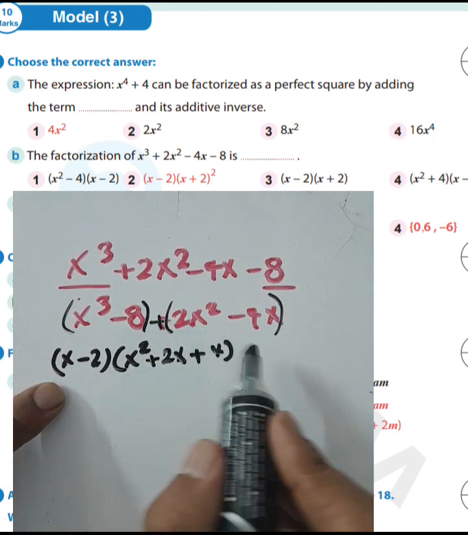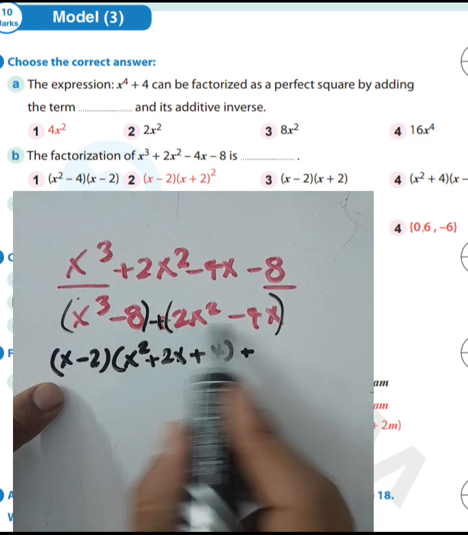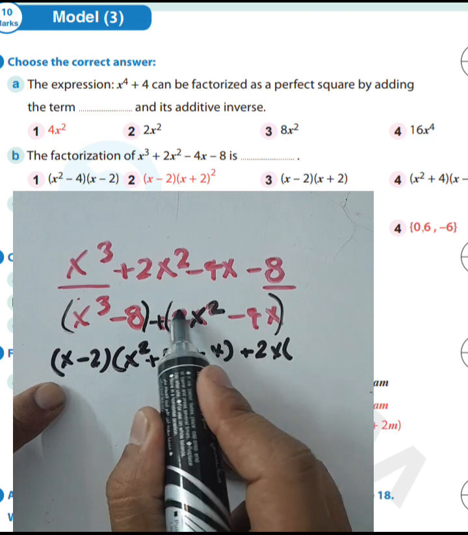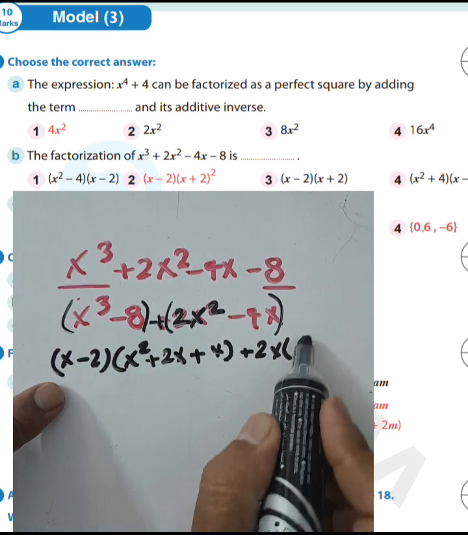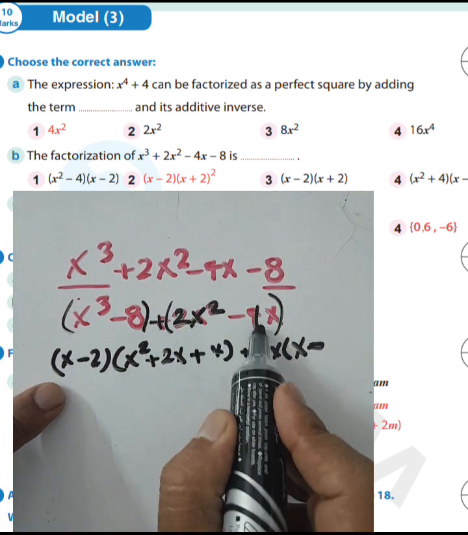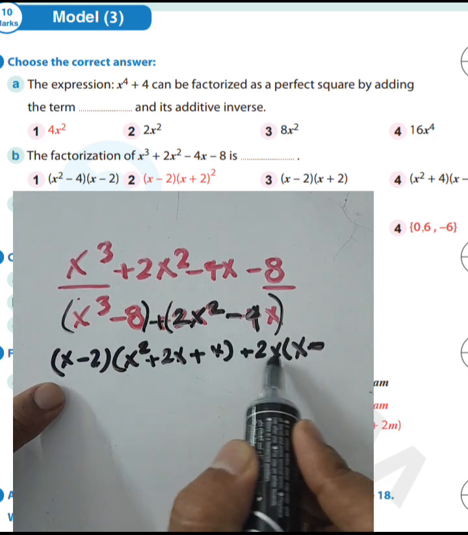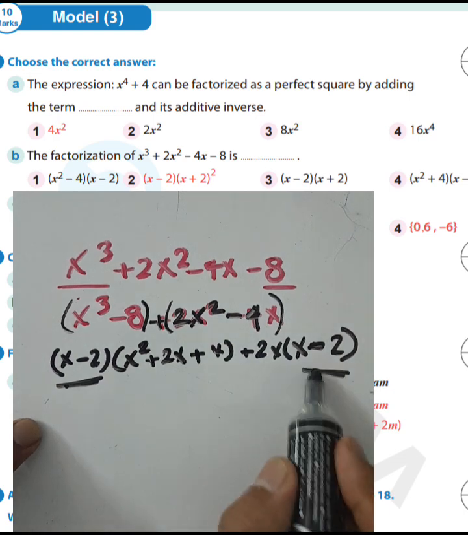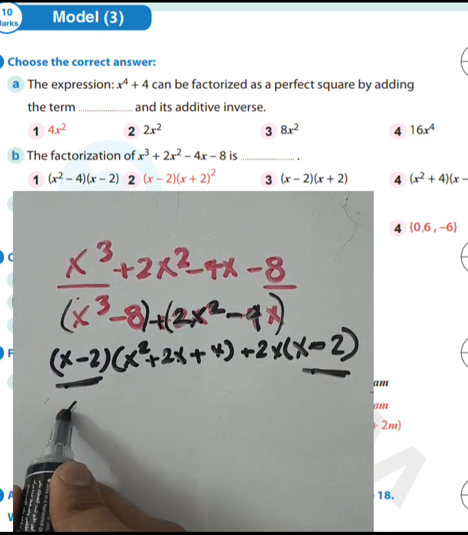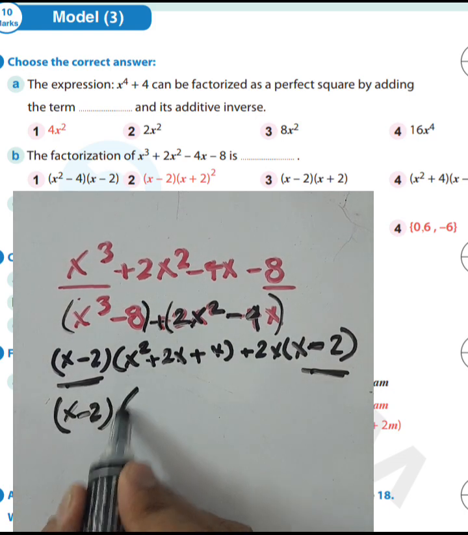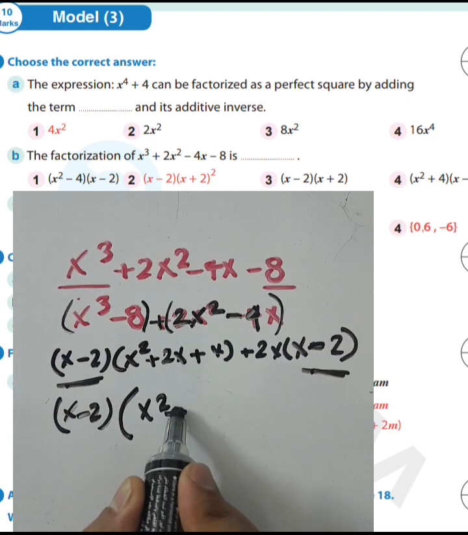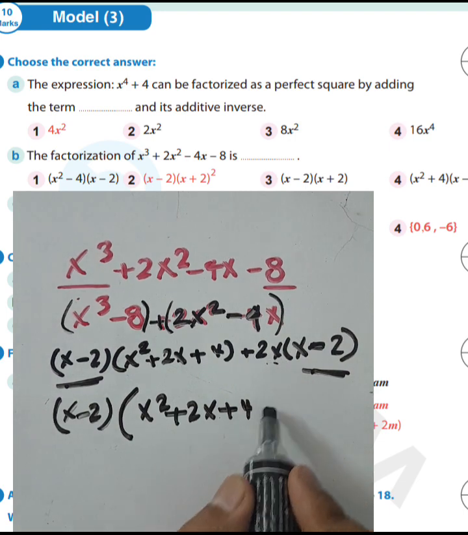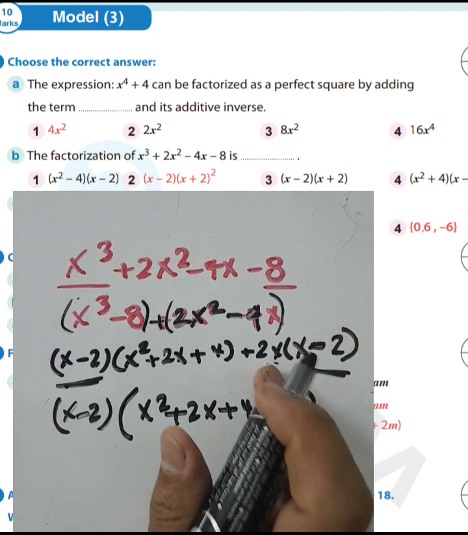And this expression you can write with common factor 2x between them. 2x power 2 divided by 2x will be x, and negative 4x divided by 2x will be negative 2. And then we have a similar expression, x minus 2 repeating, write x minus 2 outside, and then the remainder x power 2 plus 2x plus 4 plus 2x here.